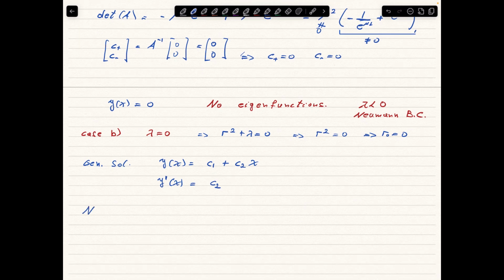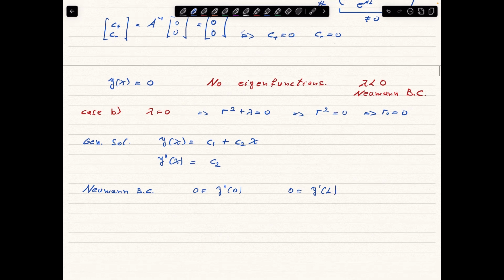So now the Neumann boundary conditions, recall, involve the derivative, and 0 has to be the derivative of the solution at 0, and 0 has to be the derivative of the solution at L. But in both cases we get the equation 0 is equal to C2, the derivative at 0, and 0 has to be equal to the derivative at L, which again is C2 because the derivative doesn't depend on x.